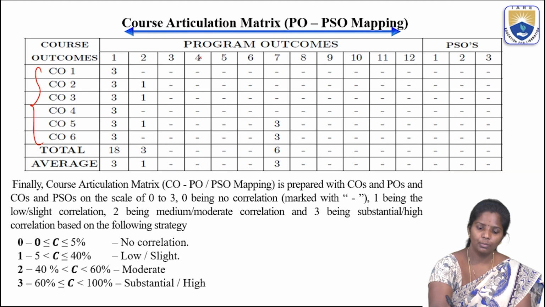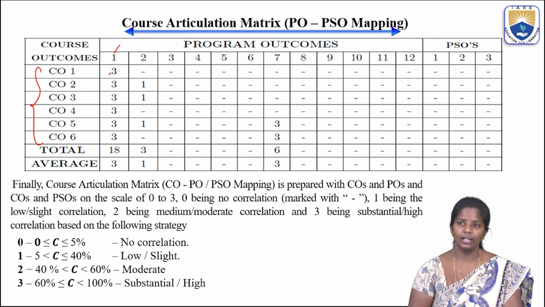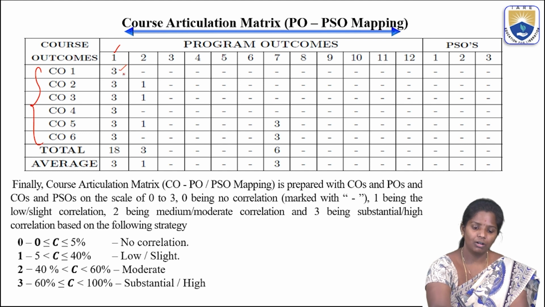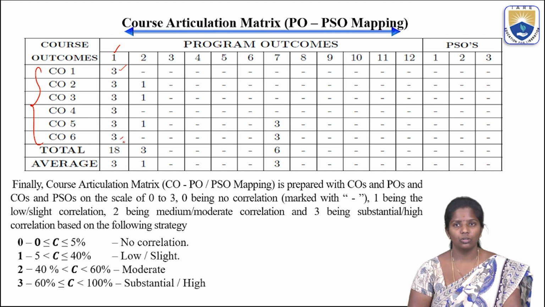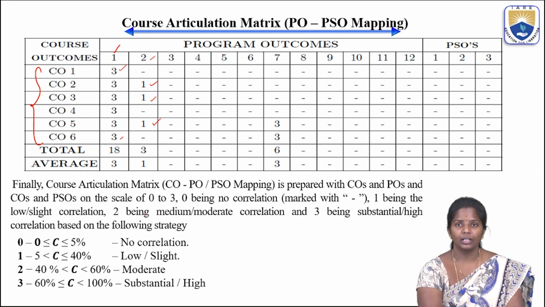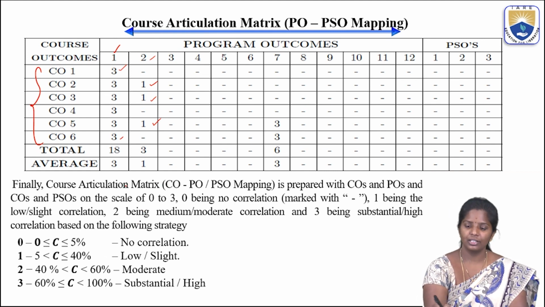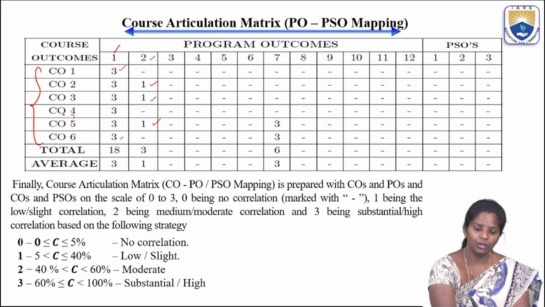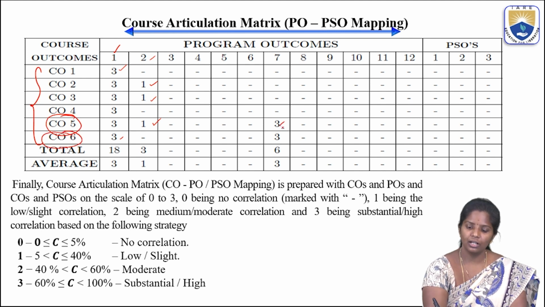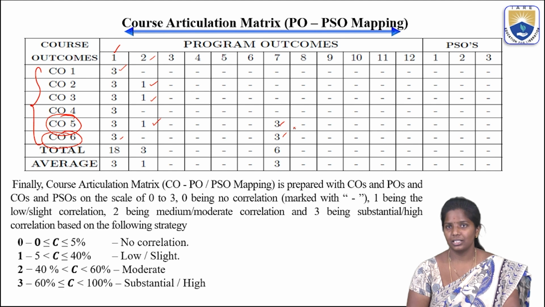In program outcome 1, engineering knowledge, it is matching 3 by 3 for all the different course outcomes. But in PO2, only a few of the topics are matching because of their numerical problems. And for PO7, only course outcomes 5 and 6 are matching because of environment and sustainability.